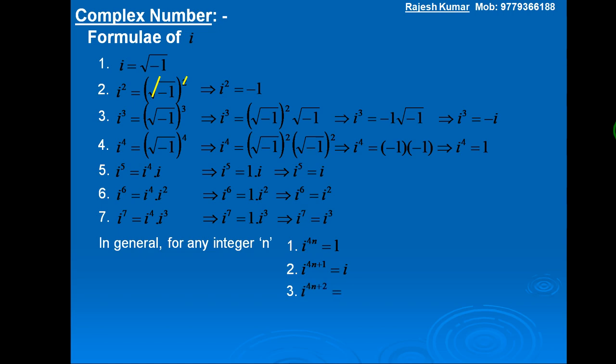Third one, iota to the power 4n plus 2 is equal to minus 1. And fourth one, iota to the power 4n plus 3 is equal to minus iota. So these are the 4 general formulas for iota.